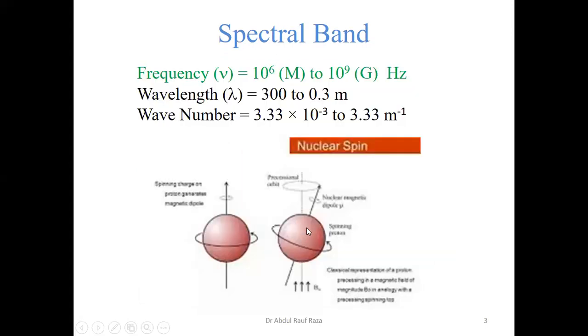If I exemplify this, you can experience it yourself. You have a top called Latu. You spin that as well. When this top is spinning, it keeps spinning, but with the passage of time, its frequency decreases. Why?